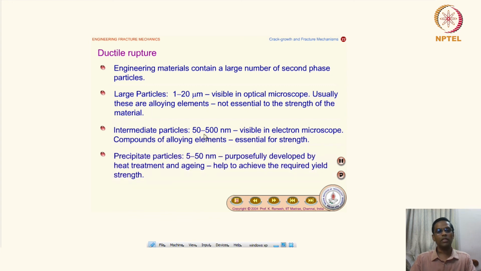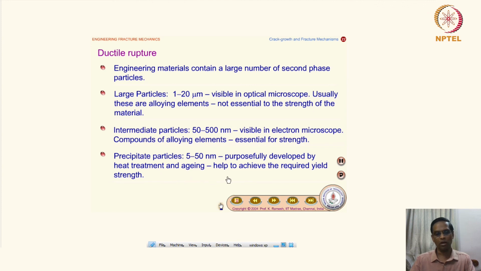And there are particles in the range of 50 to 500 nanometers, which can be visualized under an electron microscope. They are basically compounds of alloying elements, essential for strength. And further, there are precipitates of size 5 to 50 nanometers, purposefully developed by heat treatment and aging, which help to achieve the required yield strength.